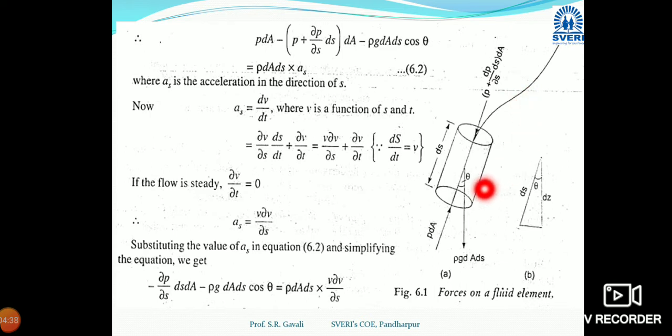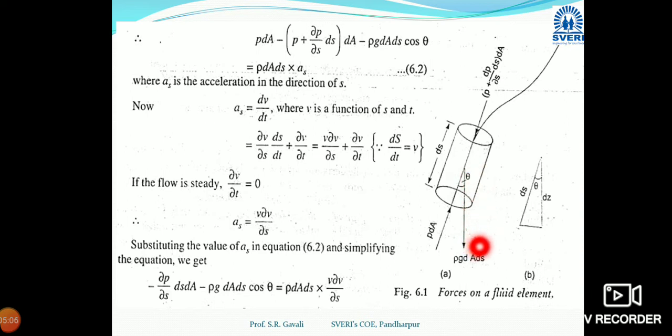Another force is the weight, acting perpendicular to the axis of the element, and its weight component is rho g dA ds, because dA ds represents the volume, and specific weight into volume is equal to the weight.